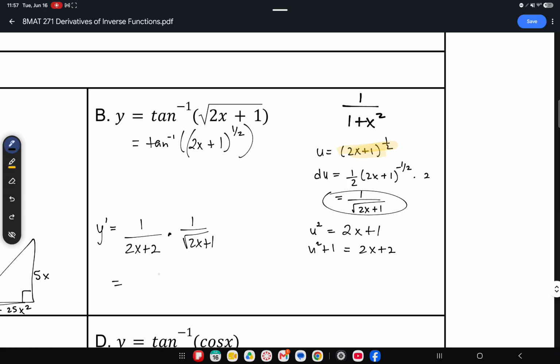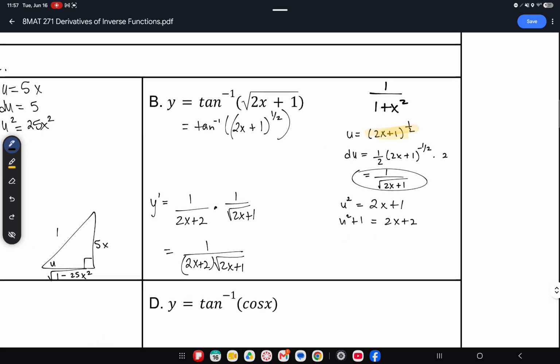So if I put it all together, I have 1 over 2x plus 2 times the square root of 2x plus 1.